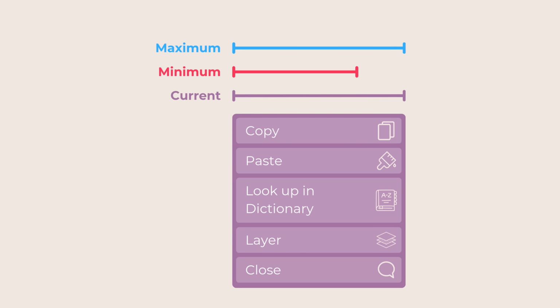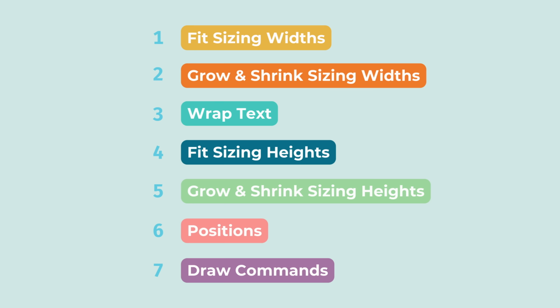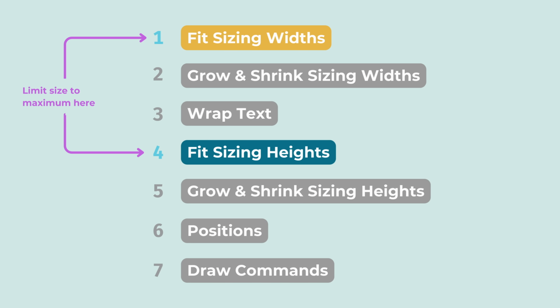We already have the concept of minimum and preferred sizing underneath to allow our text elements to work correctly, so we're going to expose our minimum sizing as something configurable and add a maximum sizing as well. There are two places where we need to implement handling for this. Firstly, in our fit sizing passes, when we're expanding our parent containers to the size of their children, we cap that size to the configured maximum size of the container if there is one.